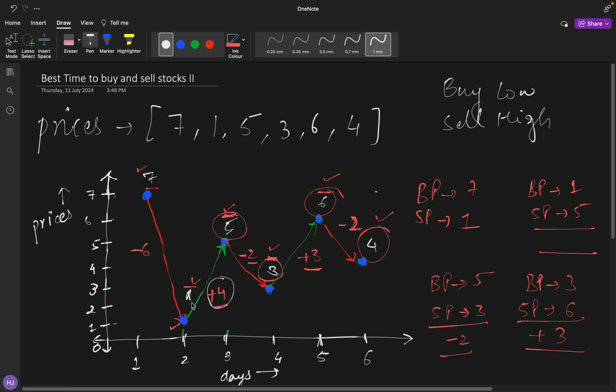We are buying the stock low and selling it high. During this transaction of green marked with 3 and 6, we are buying low and selling high. So what would be our answer? We are buying plus 4 and plus 3, which will equal 7. So the maximum profit that we can achieve during this transaction is 7.